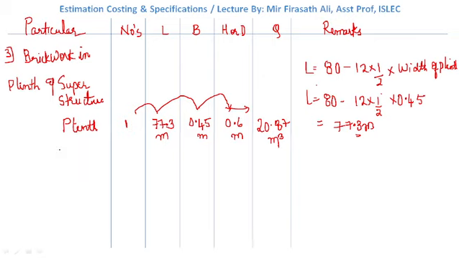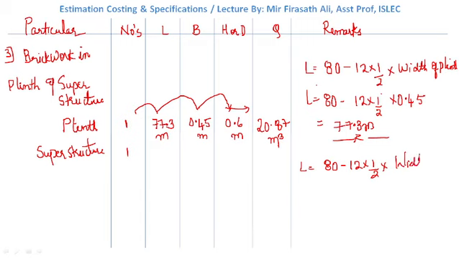Now let us find out the superstructure. How many? 1. Now let us calculate the length. Length is equal to 80 minus 12 into 1 by 2 into the width of wall.